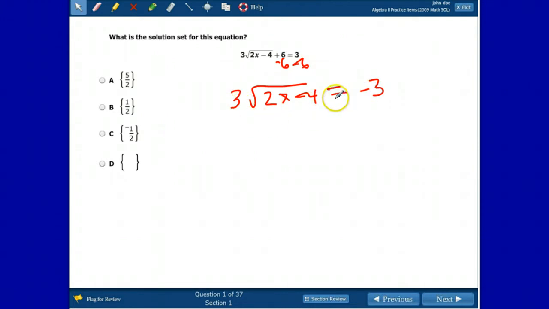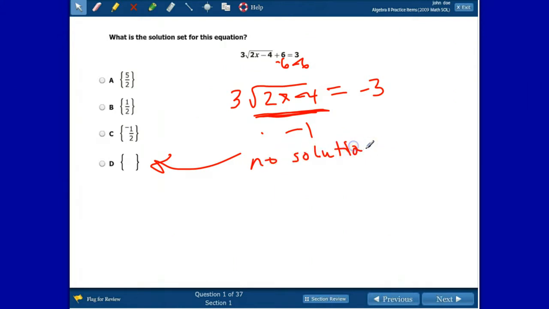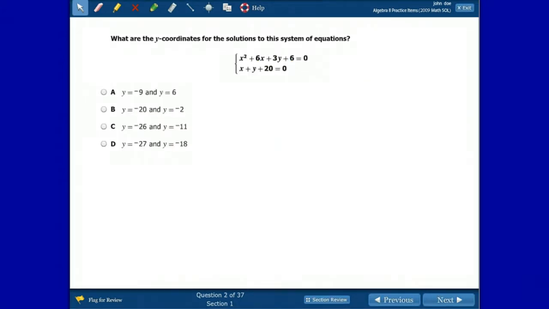Now you could stop right there and say, wait a minute, there's no way this is going to work because 3 times this has to be -3, which makes this thing right here -1, because 3 times -1 has to be -3, and there's no way you can generate a negative out of that, and that's why it's a null set here. It's no solution because we can't ever come out of a square root with a negative answer. Negatives can go in, but negatives can't come out with the real number system. Alright, on to the next question.